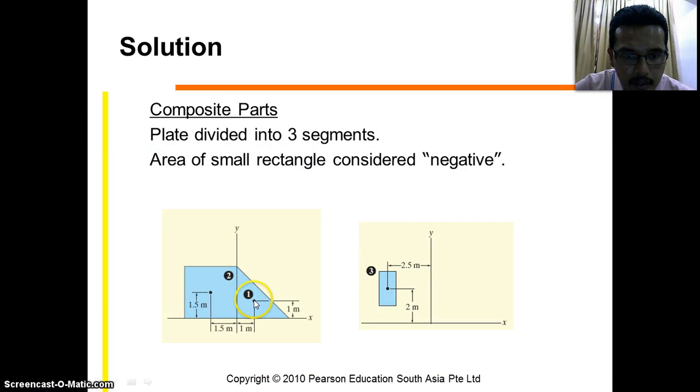Okay, for this, we want to get the centroid for this triangle. You can refer back to our textbook, Engineering Mechanics: Statics, written by R.C. Hibbeler. We find it's actually the base divided by 3, and also the height divided by 3.